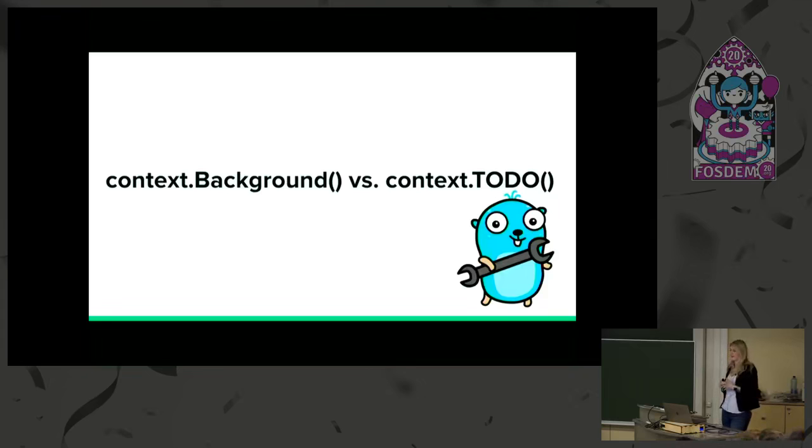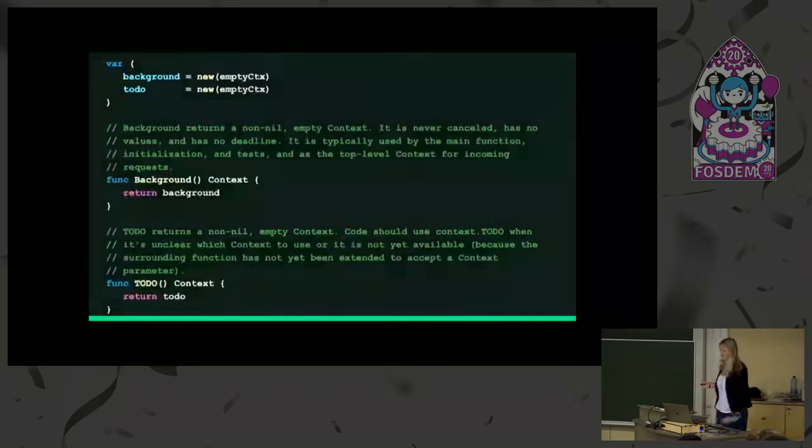So you want to initialize a parent context, and you can call one of these two methods to do that. They actually both initialize a non-nil empty context, the main difference being context.Background is typically used in the main function, initialization, and tests, whereas TODO acts more like a to-do comment, with the idea that you will eventually replace it in the future.